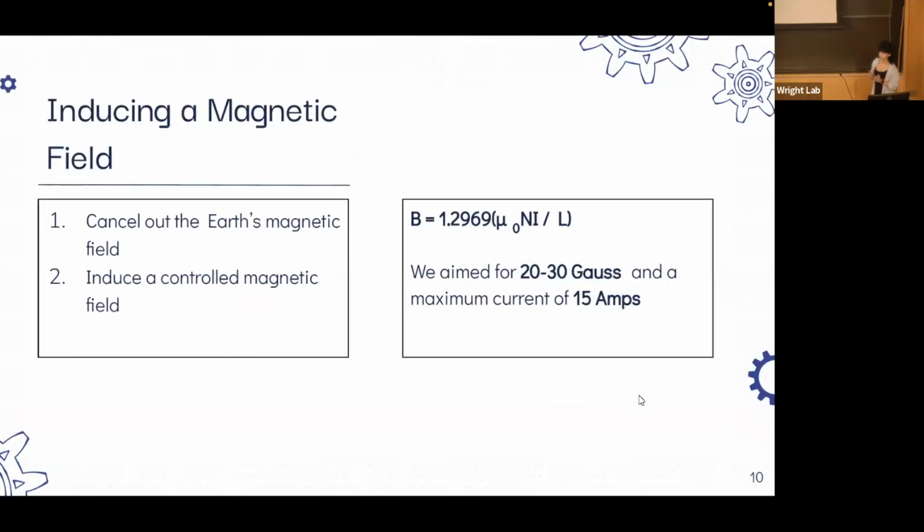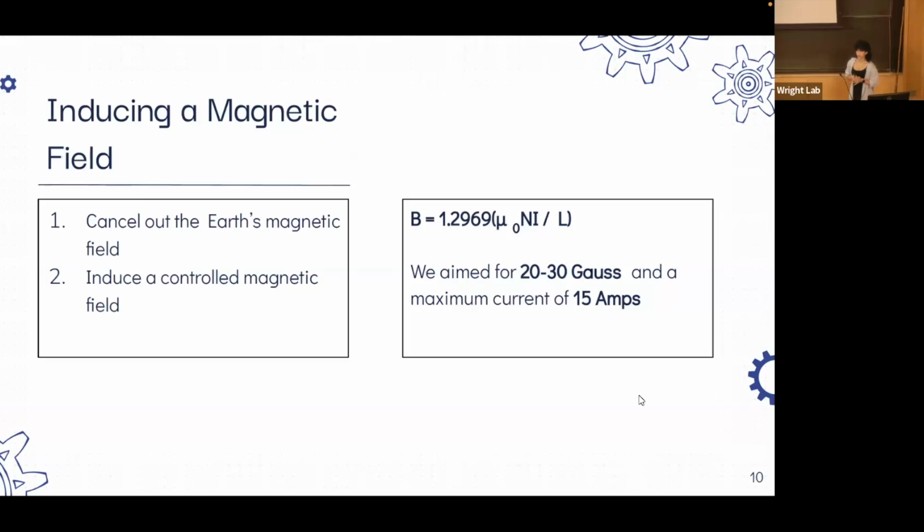Inducing a magnetic field not only allows us to induce a controlled magnetic field, but also allows us to cancel out the Earth's magnetic field, so canceling out any stray magnetic field in the system entirely. We aimed for about 20 to 30 Gauss because we were already inducing 5 Gauss with the prototype coils.